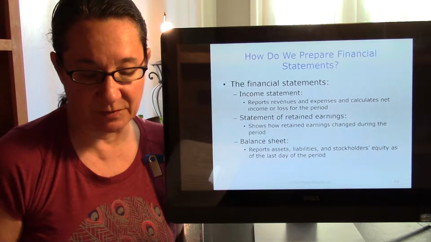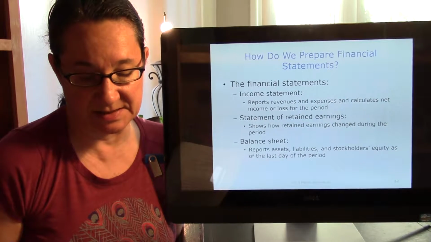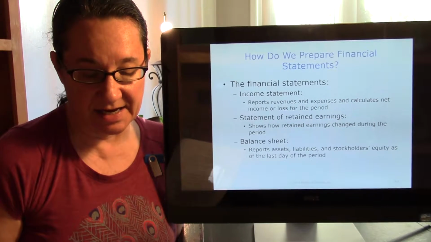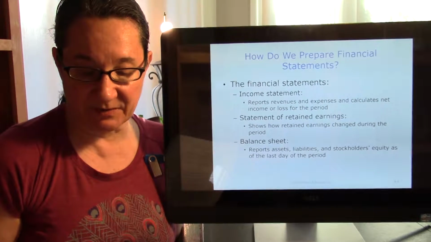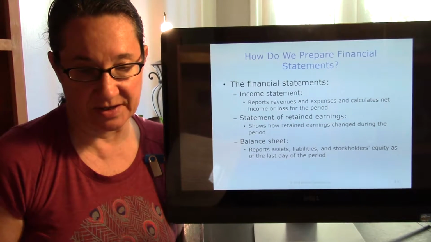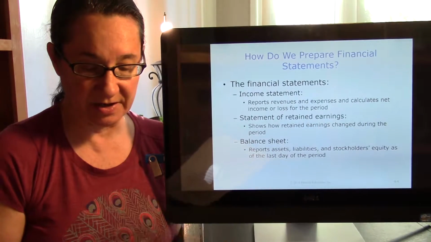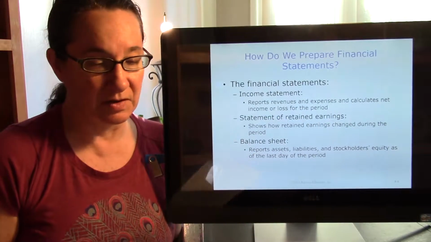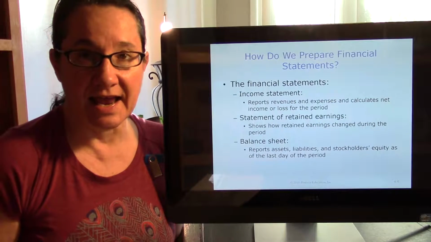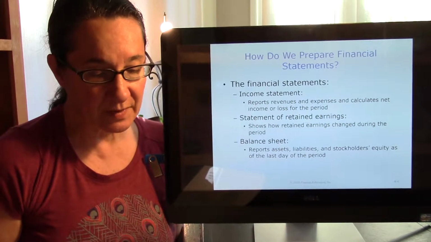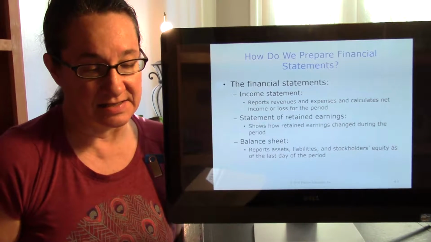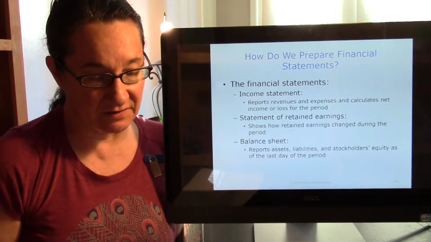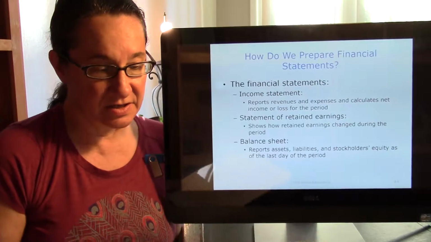The income statement reports revenues and expenses and calculates net income or net loss for the time period. The statement of retained earnings shows how retained earnings changed during the period due to net income or net loss and dividends. The balance sheet reports assets, liabilities, and stockholders' equity as of the last day of the period.